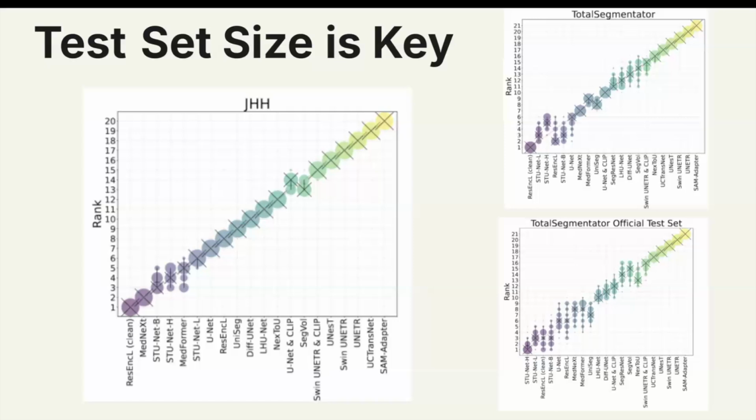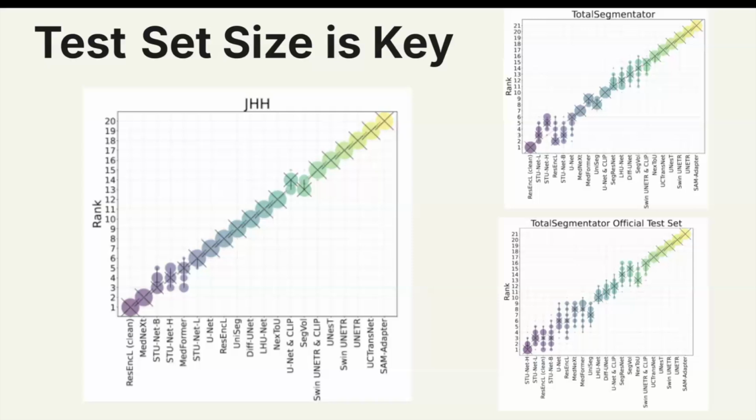When you go to the TotalSegmentator dataset, as a test set with 400 samples here, you see a different story. You see that models change in ranking much more when you take these random subsets of the test sets. So this shows that this ranking is much less stable than this ranking. In other words, this ranking is much more trustable than this.